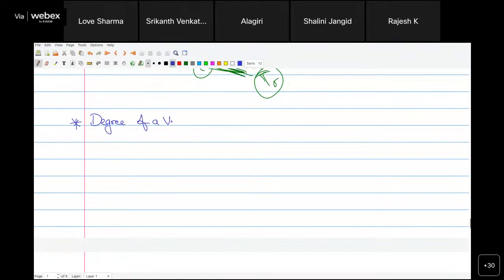So degree of a vertex. Degree is also a very easy term, but the terminology you should understand.